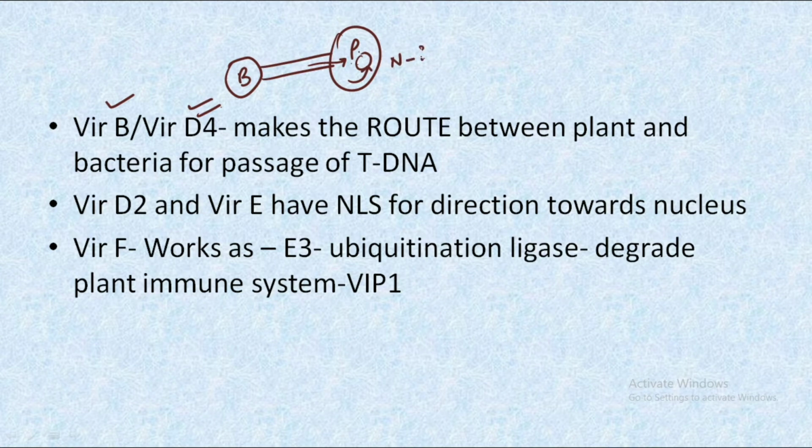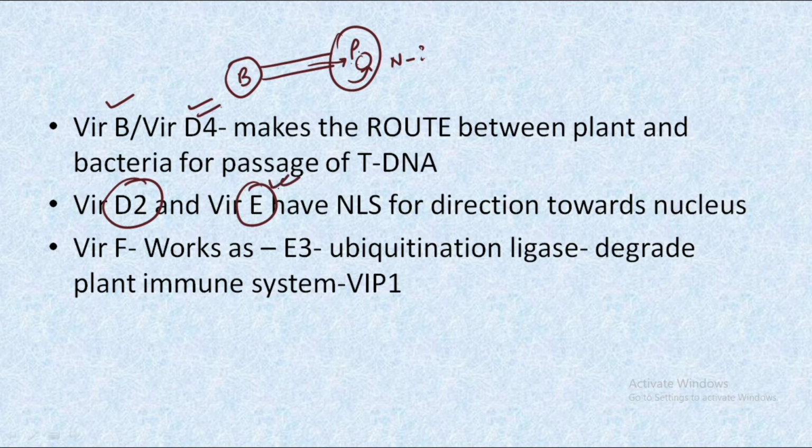Because all the genes that the bacteria needs to attack are present in the nucleus. Hence, this tDNA must have some nuclear localization signals in order to have a direction. This NLS is provided by VIRD2 and VIRE.